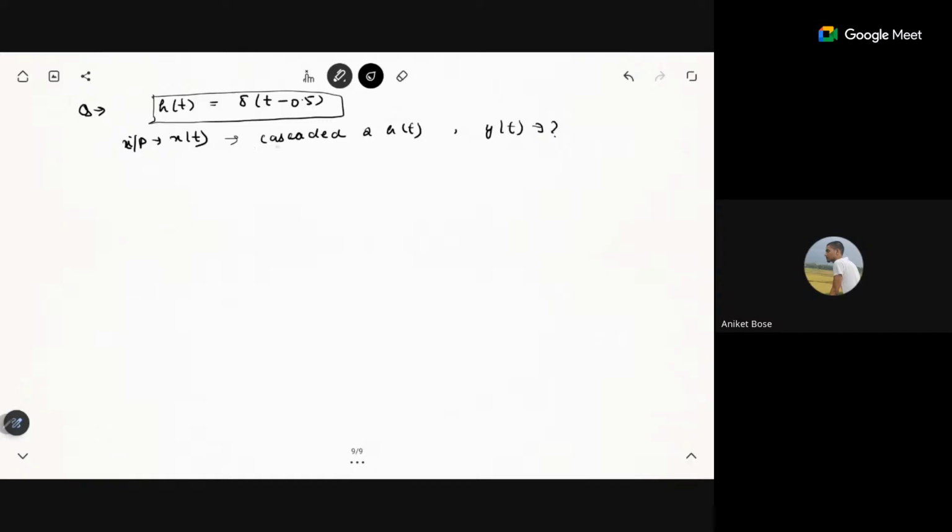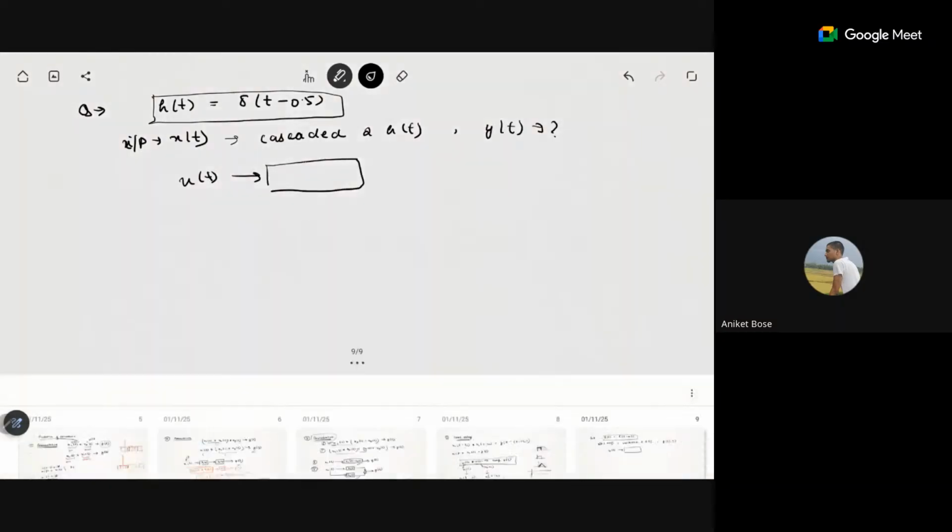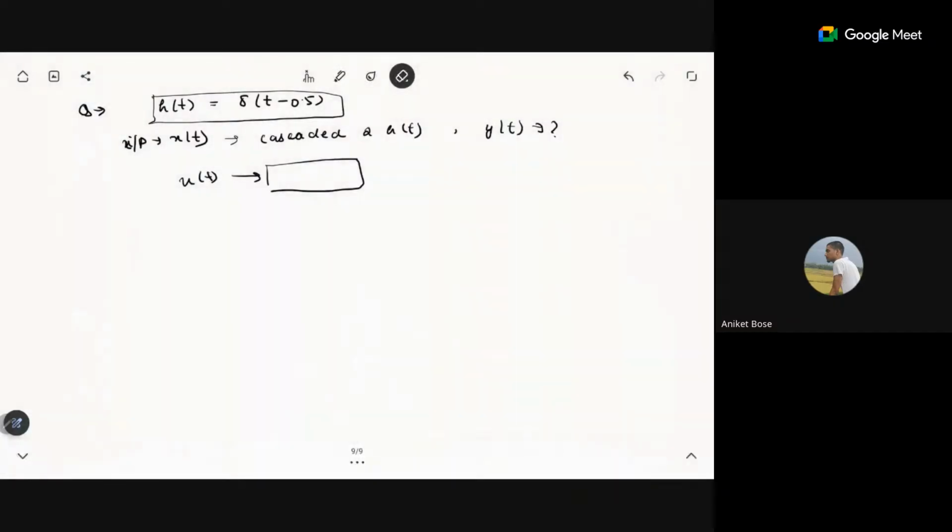This is the language of the question, but let me simplify it: x(t) is being convolved with h(t) and again h(t), and then you have this y(t).